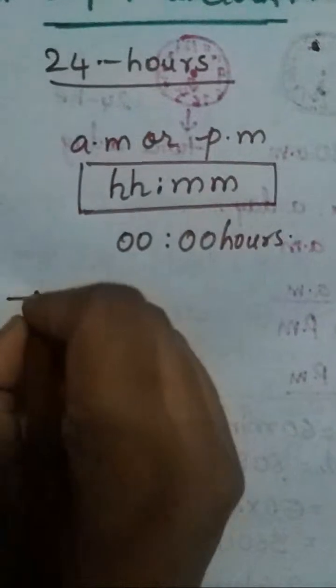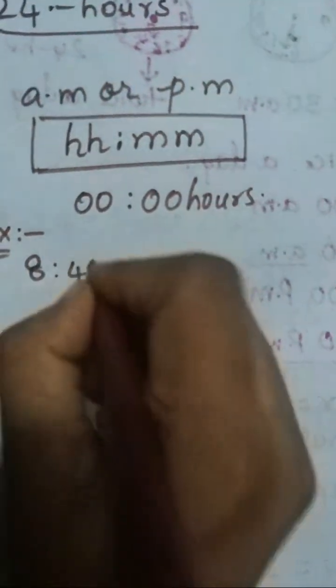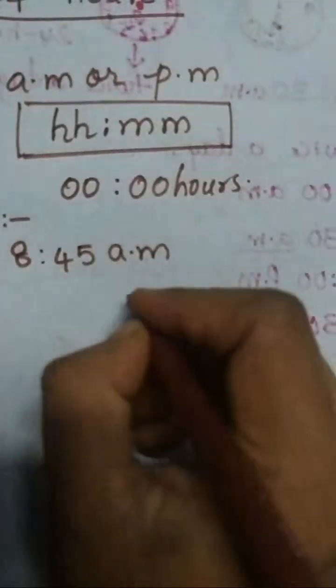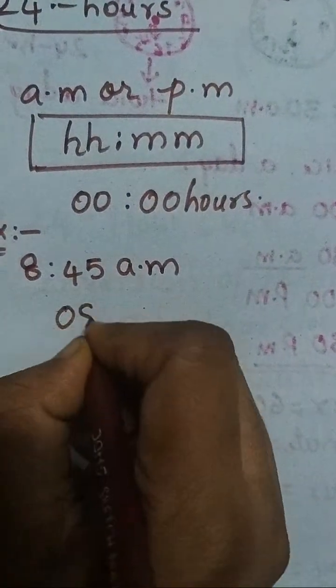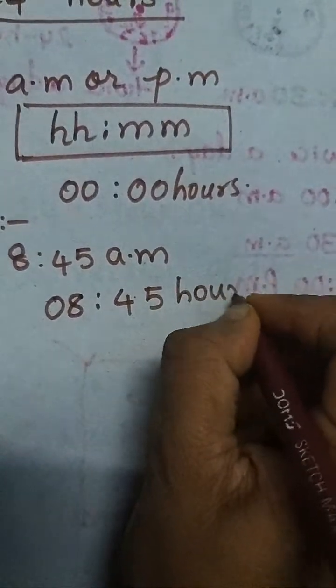Now 8:45, for example. 8:45 a.m. is expressed in this form as 08:45 hours.